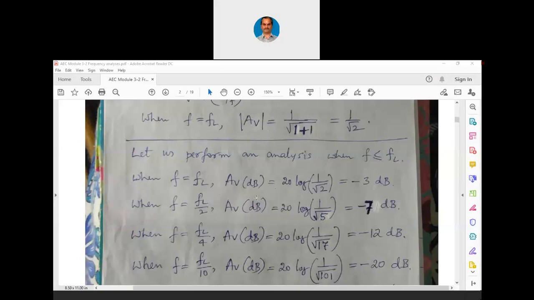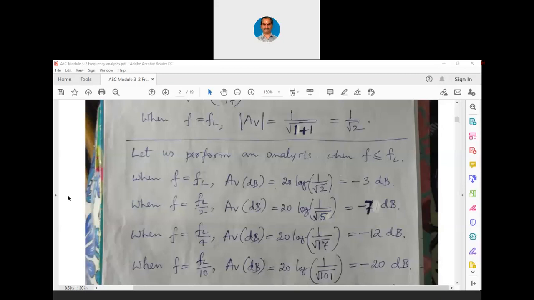So, when F equals FL, the voltage gain in decibels is 20 log of 1 over root 2, that is minus 3 dB. I had mentioned about it earlier also. I had asked you to find out the log of 1 over root 2 that corresponds to minus 3 dB. That is the reason when we plot the frequency response, we mark a point in the curve there. From the maximum gain, we come down to 3 dB down and we mark it as FL.